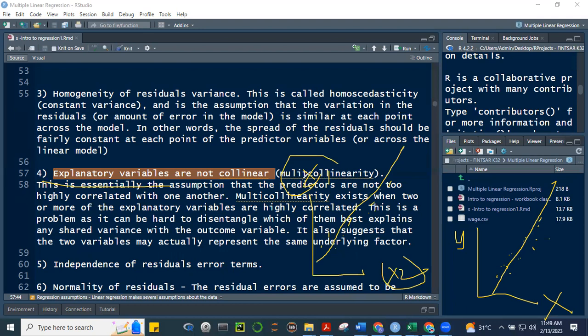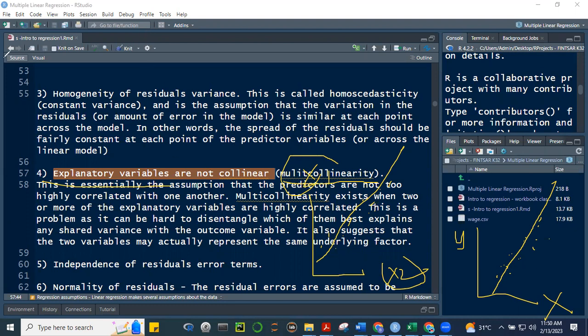If they do, we might be suffering from what we call multicollinearity. Why? Because it's possible that x1 and x2 are explaining the same thing about your y. So why would you use both of them to explain y when they're explaining the same thing? If they're highly correlated, then perhaps you just use one of them.